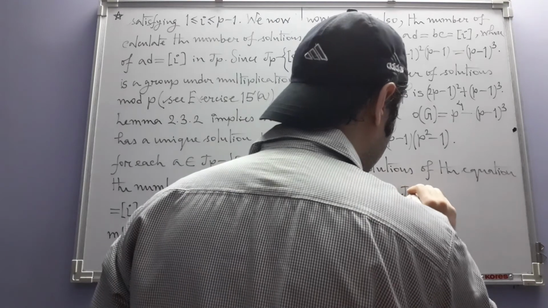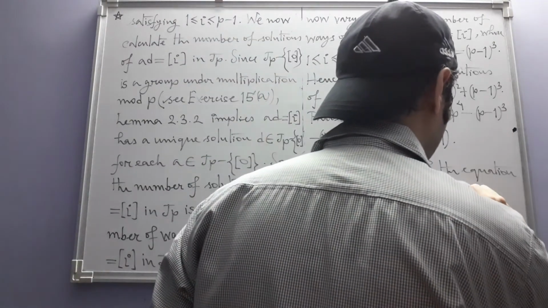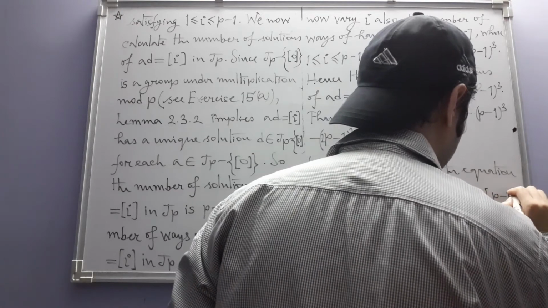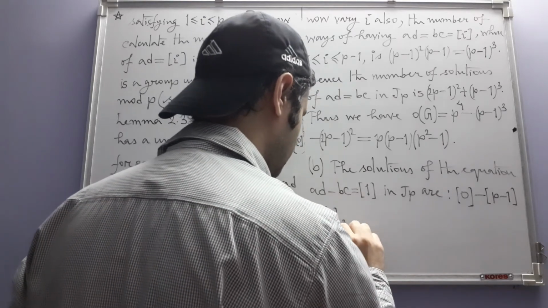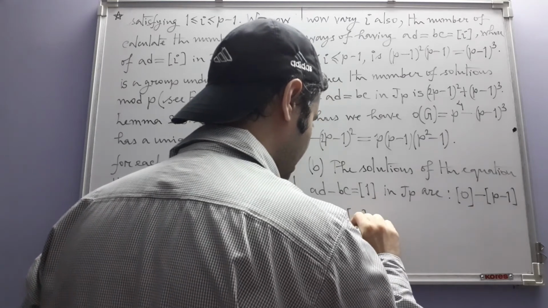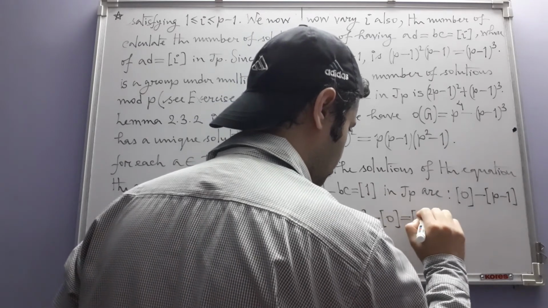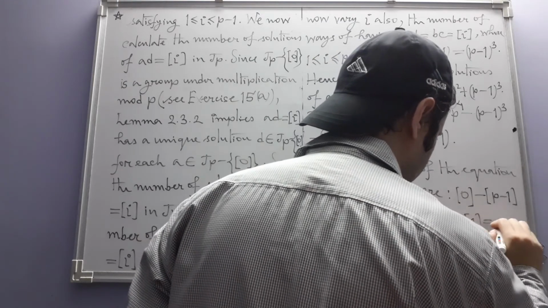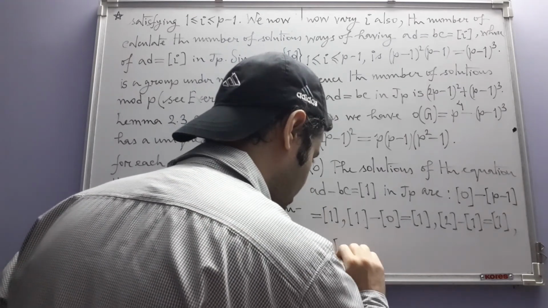In JP are these things: 0 minus p minus 1 is 1, 1 minus 0 is 1, 2 minus 1 is 1, like this.